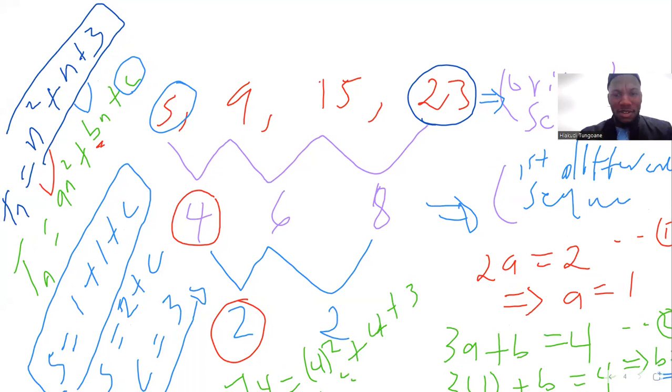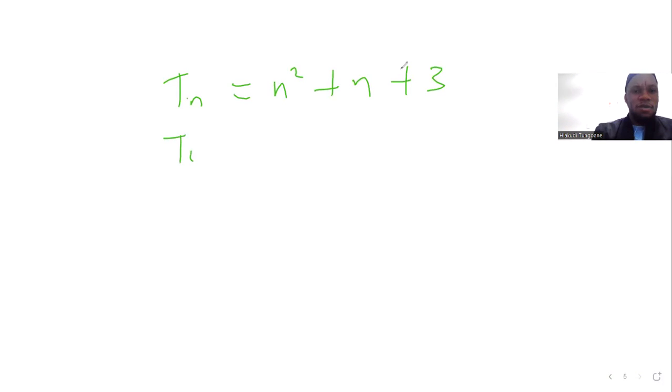Sorry, let me just open a new page. I'm running out of space. Okay, so we have Tn equals n squared plus n plus 3, right? We said we are looking for T4.